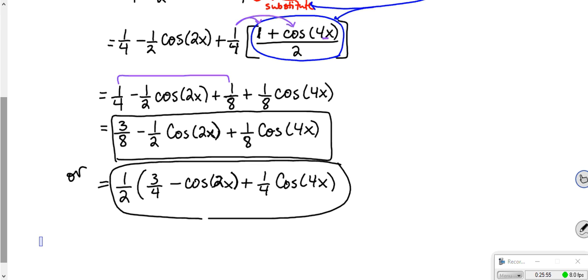So I would say either one of those would be acceptable for WebAssign, whether you pulled out the 1/2 or not. They're just looking for something common that they could pull out of every term there. Okay, that is number 4.